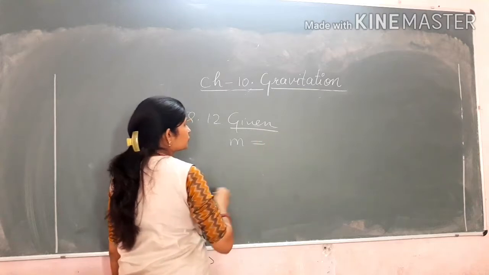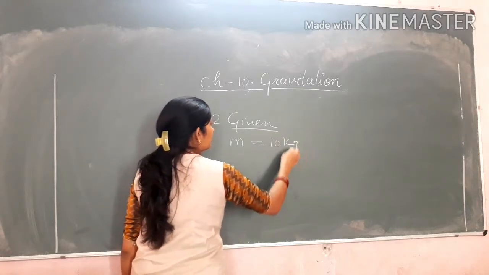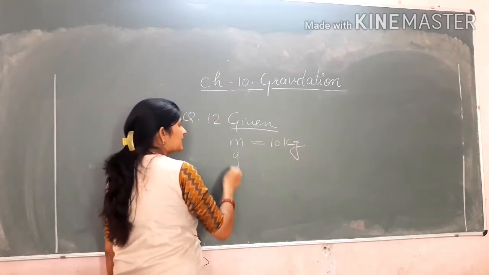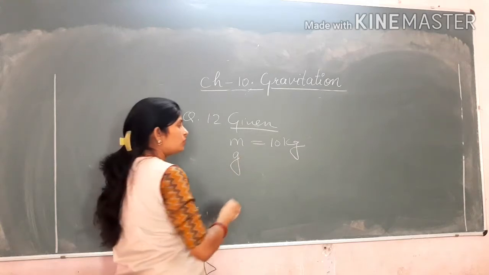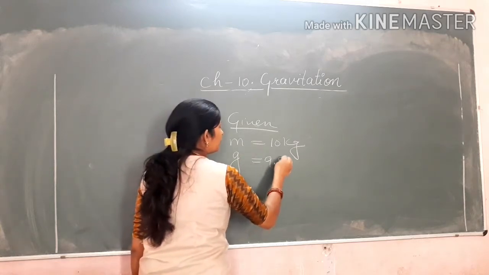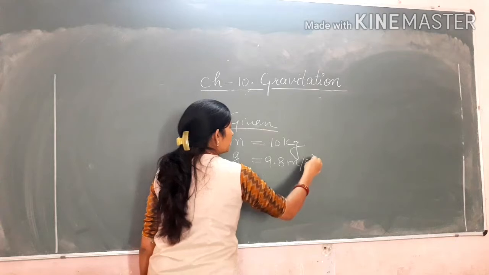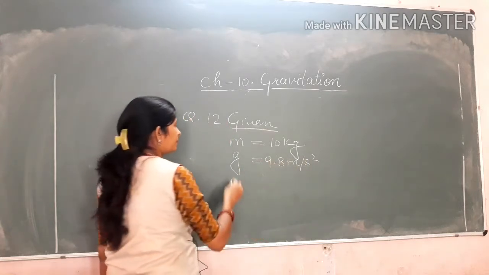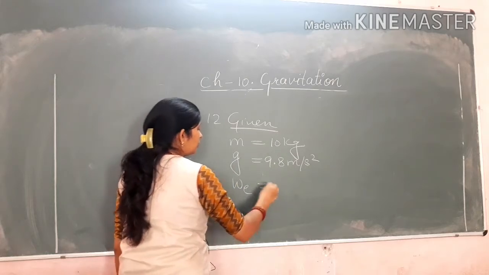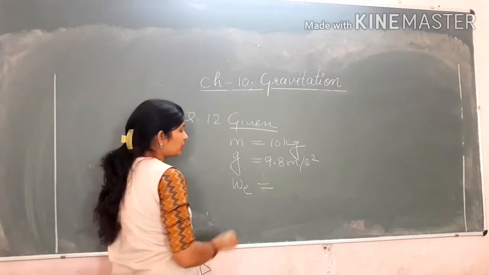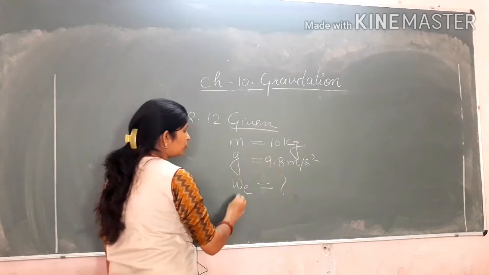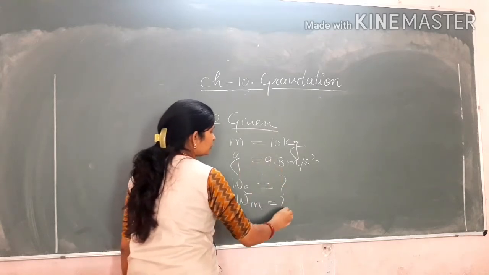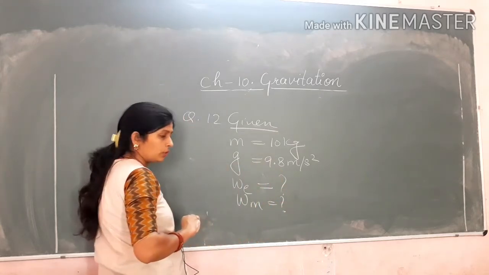Mass of the object, small m, that is 10 kilogram, and acceleration due to gravity, small g, is equal to 9.8 meter per second square. It is not given in the question, but we have to remember it. You have to calculate weight of the object on the surface of earth, that is WE, and weight of the object on the surface of moon, WM.